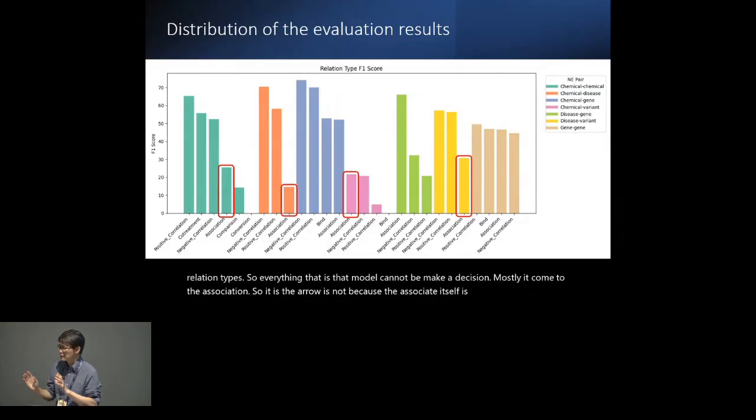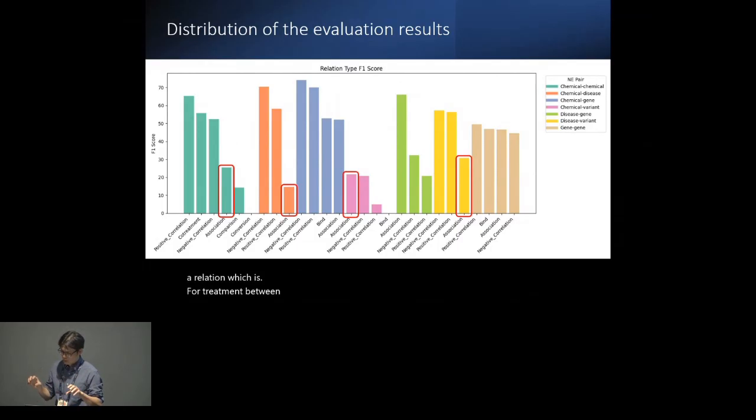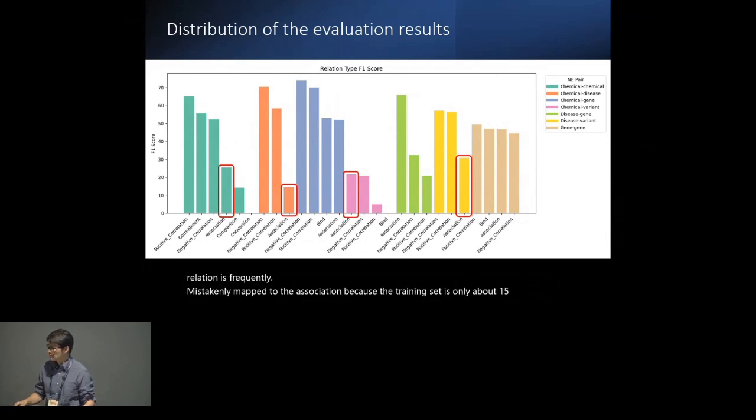It's because of other relation types that cannot be dealt with very well, like binding. There is a relation called co-treatment, where two drugs can co-treat the same disease, and that relation is frequently mistakenly mapped to association because the training set has only about 15 records.